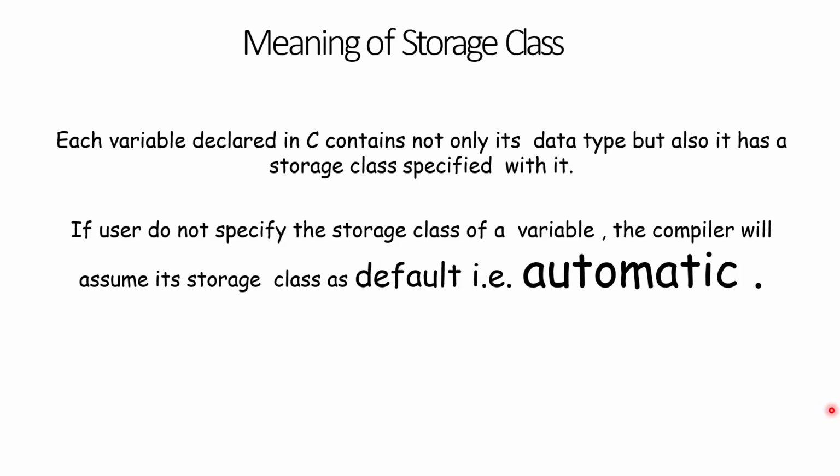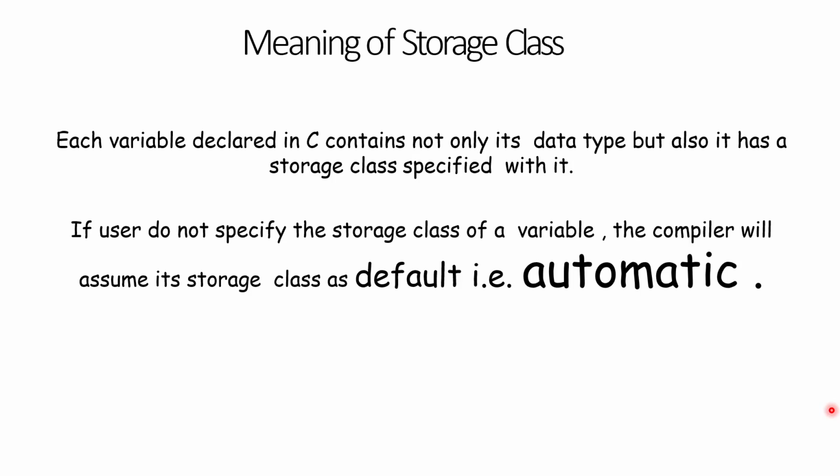The storage class actually defines the place of the memory where your variable is going to be stored. If I want to define it in a very simple, straightforward way, we can say that storage class defines a specific part of the memory where the variable that a programmer is declaring within a program has to be stored when the program runs.